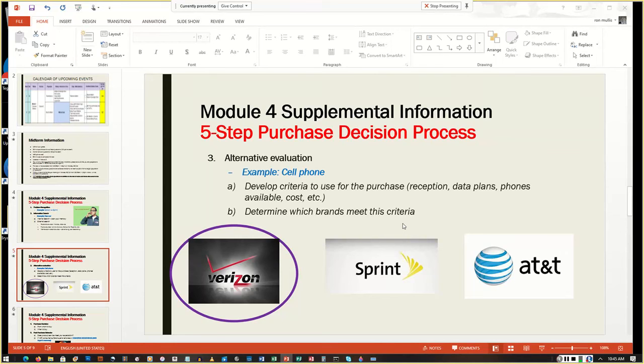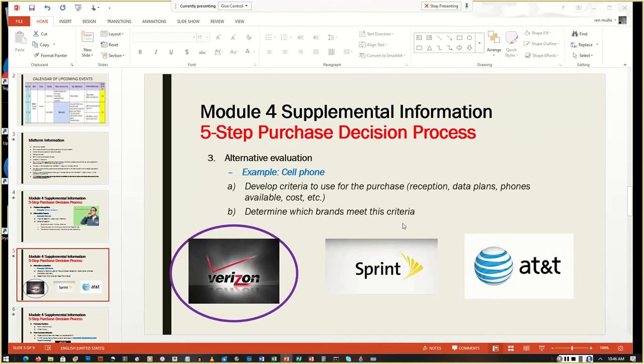The buyer is going to weigh their choices using different criteria that they specifically develop themselves. So for a cell phone, you want to make sure that you have good reception, the data plan is reasonably priced, if they have a specific phone that you want, that it's available, as well as the cost.